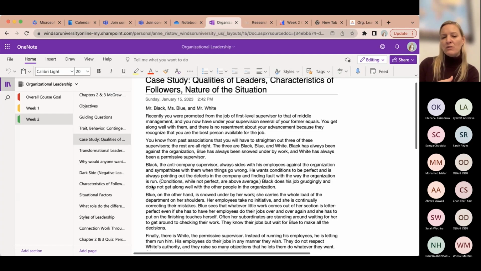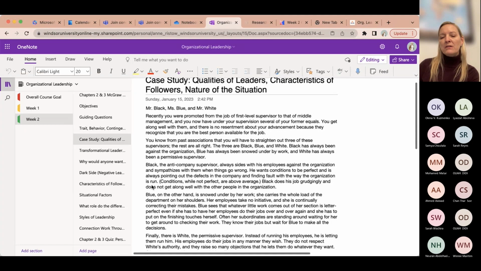She's not new. This isn't new behavior. It's been acceptable or looked over along the way. So yes, it is not a characteristic of a leader to do the work and correct the mistakes of others.